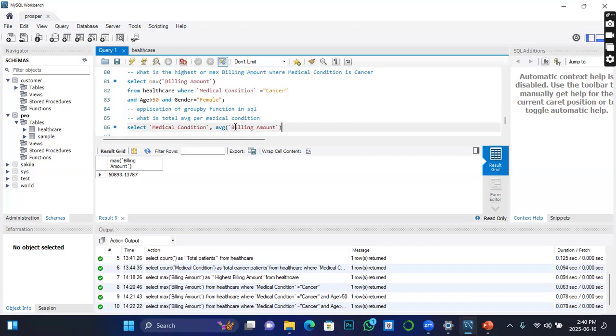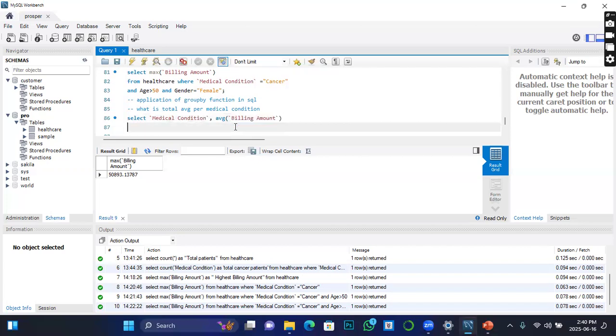Then, if you like, I can put other description, but I want to cut off all those. Now, from healthcare, then group by medical condition.